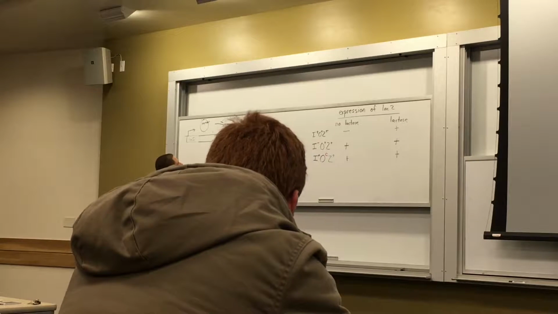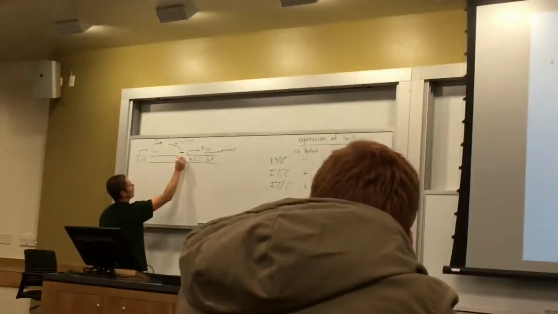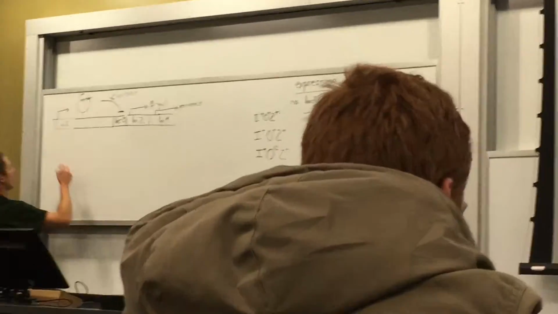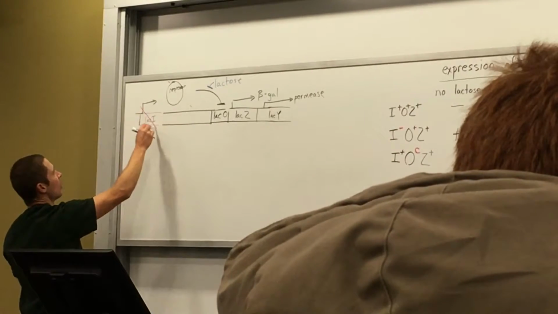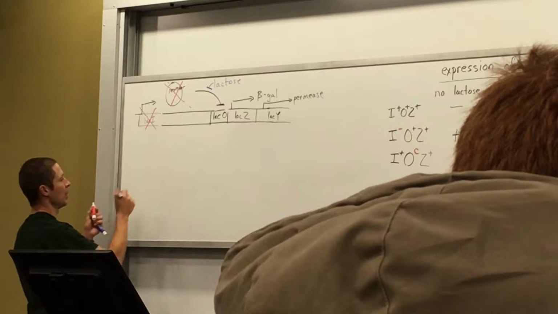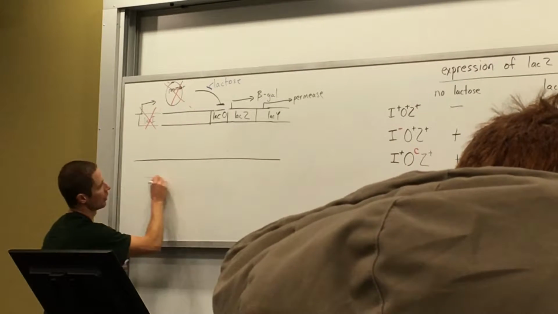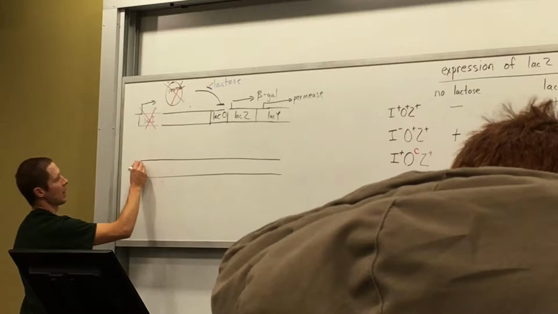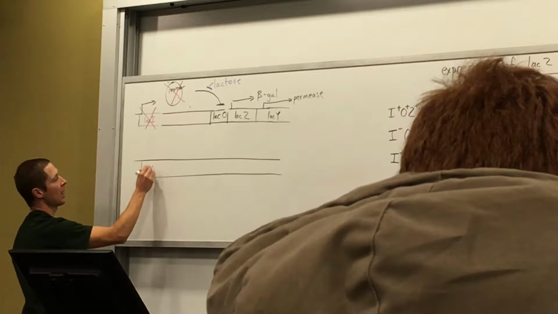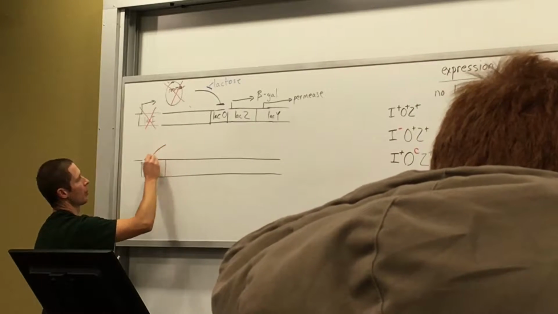Let's say our operator is okay. We have that mutant allele in LAC-I, so we don't produce our repressor protein. But now we bring in another piece of DNA that is okay. It has an okay version of LAC-I that can make repressor protein.